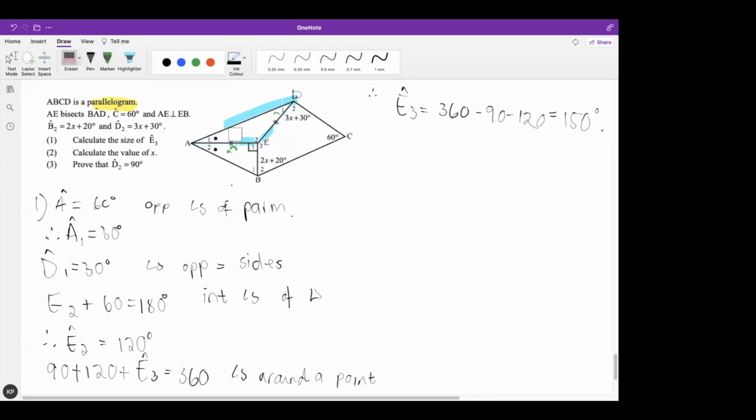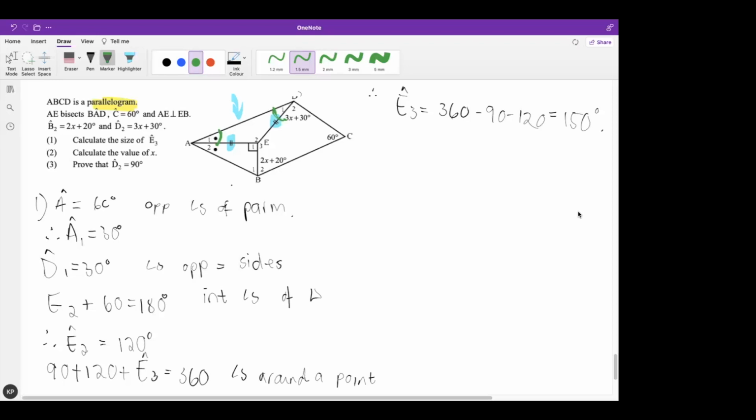So we said A1 is 30, right? Do you see these? That means this is an isosceles triangle. That's why we said A1 has to equal D1. Do you see that? So once we have that, we can find E2 using the interior angles of a triangle. And then we can find E3 using angles around a point.